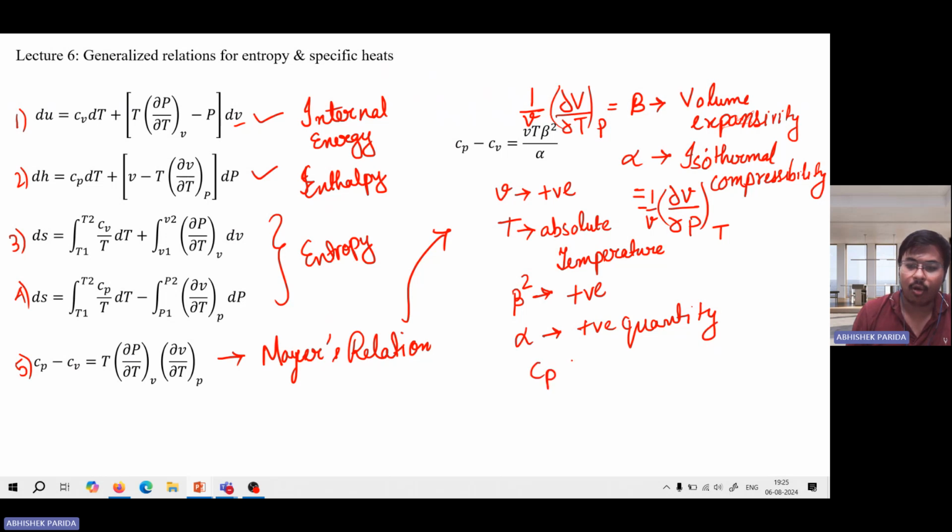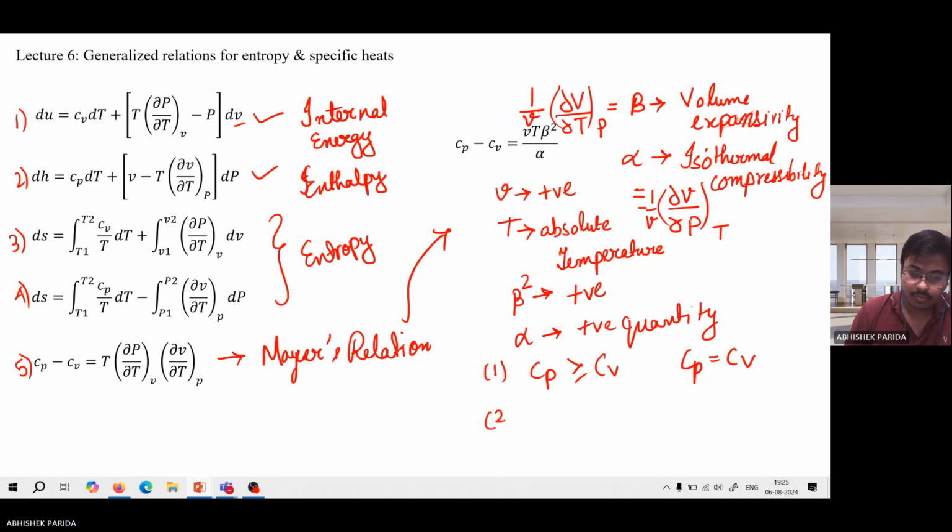That means Cp will always be greater than or equal to Cv. The limiting case is whenever Cp equals Cv. Cp can be greater than Cv, or Cp can be equal to Cv at least. It can never be less than Cv. This is one of the things that was derived.